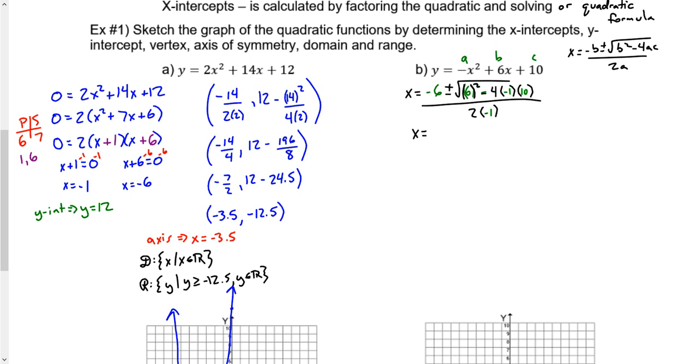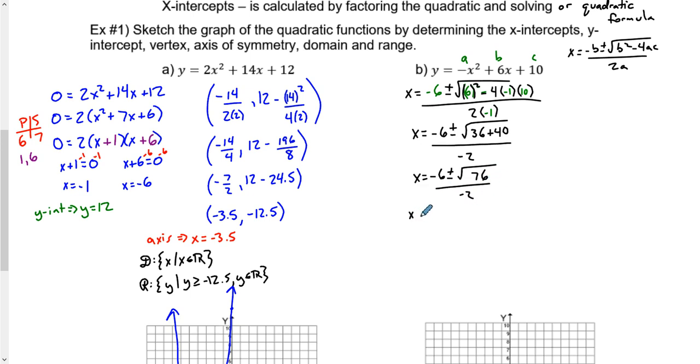x would equal -6, adding, subtracting, 36. So that would all turn into a positive 40, all over -2. -6, add, subtract, 76, all over -2.